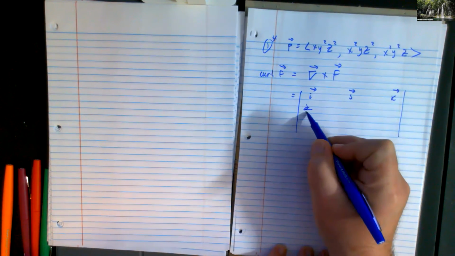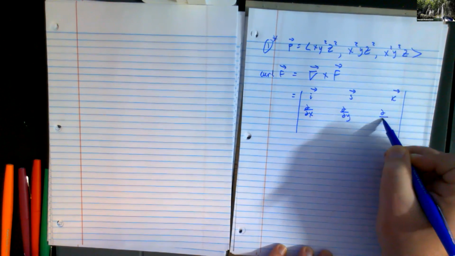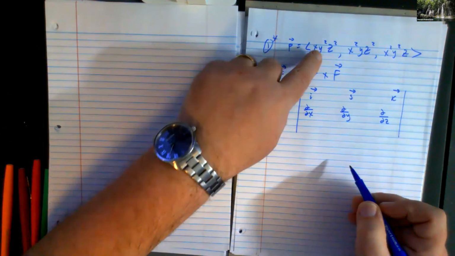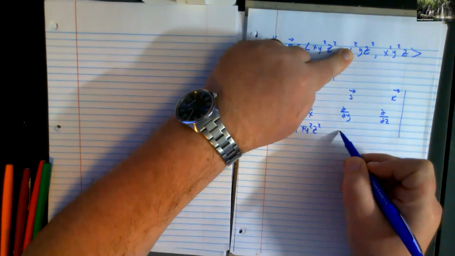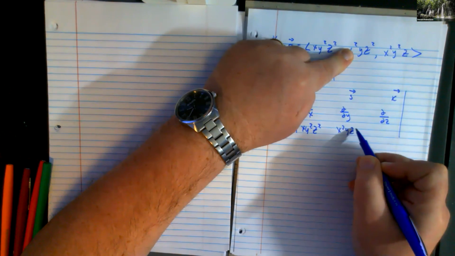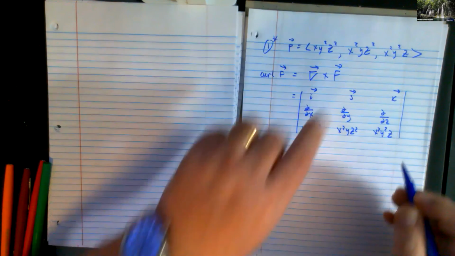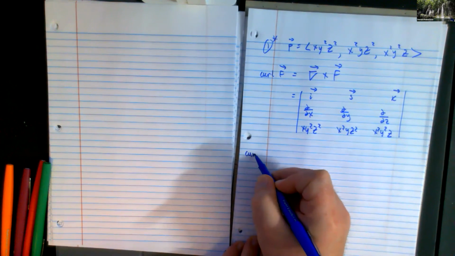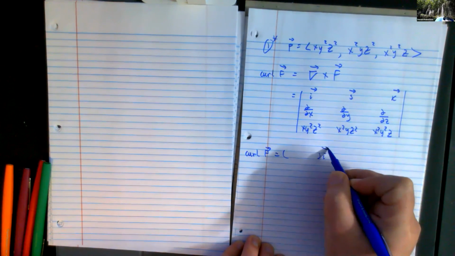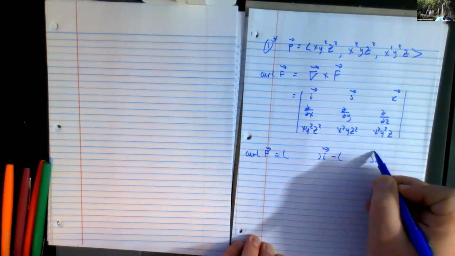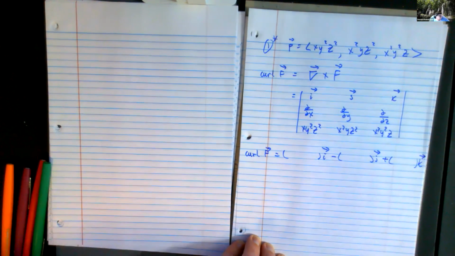We'll put in our delta operator, and then P, which is this guy, Q, which is this guy, and R, which is this guy. And it's going to be so many i's, take away so many j's, plus so many k's.